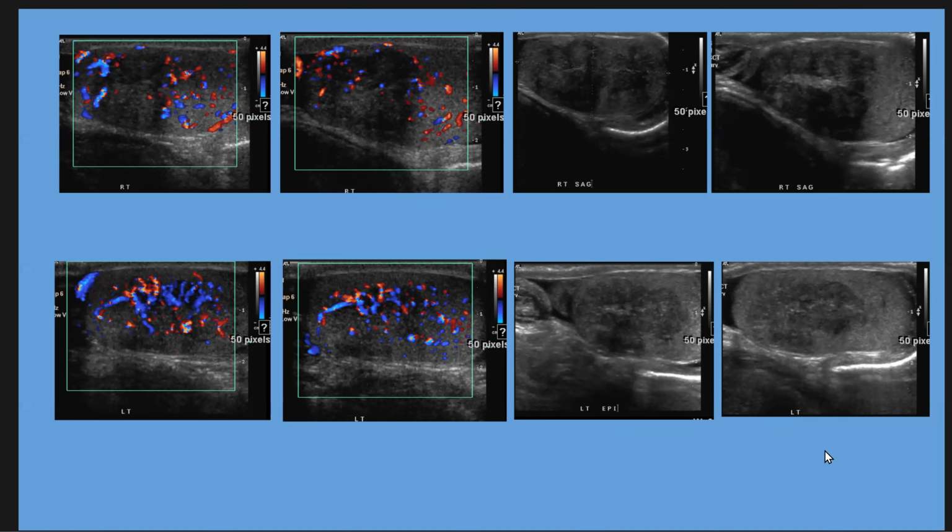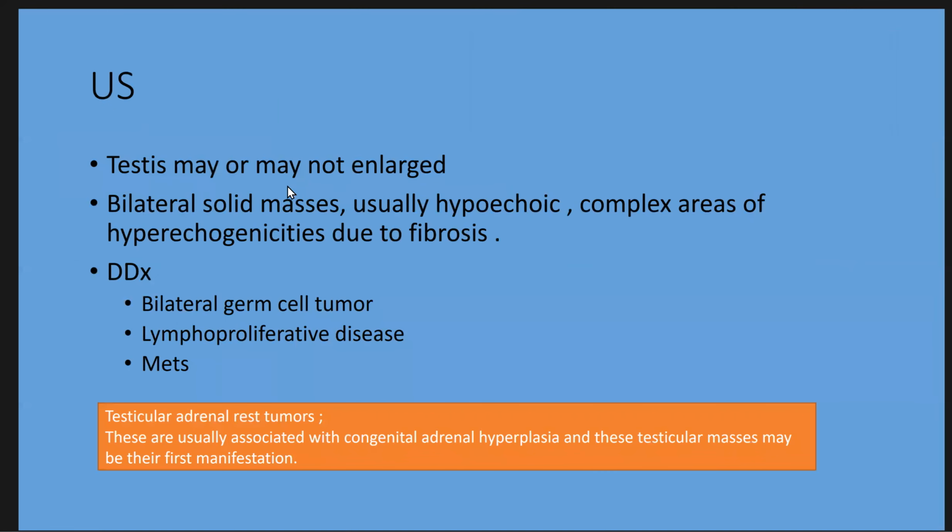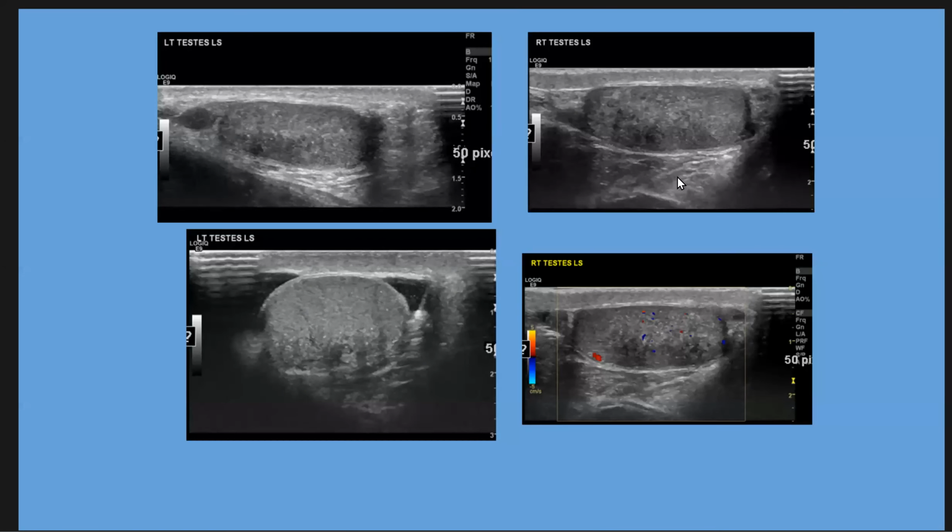So on ultrasound, this is the testicular adrenal rest tumor, and the testis may or may not be enlarged. As we see here, bilateral solid hypoechoic masses with hyperechogenicity due to fibrosis. Follow up with the treatment, and the masses decreased in size.